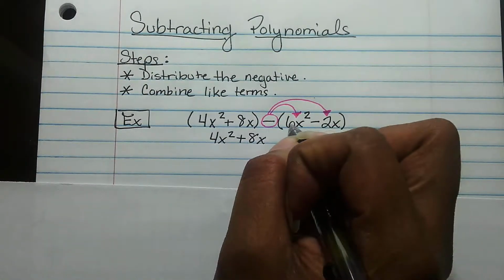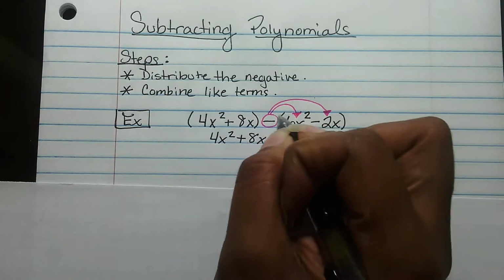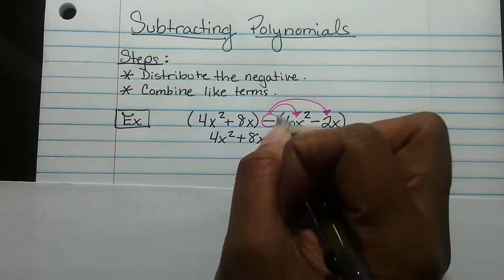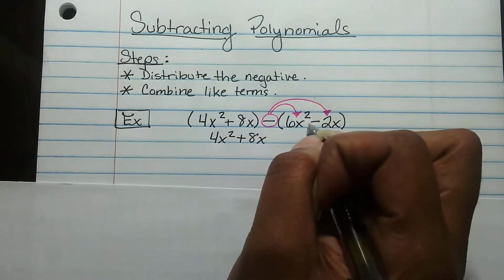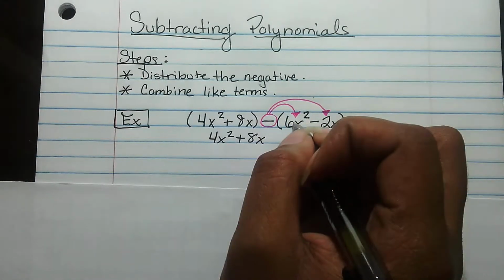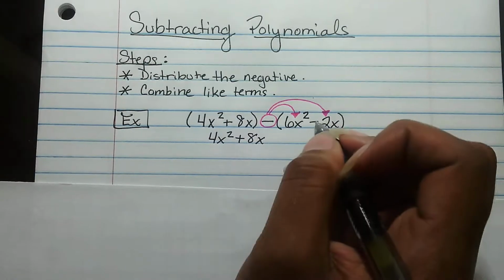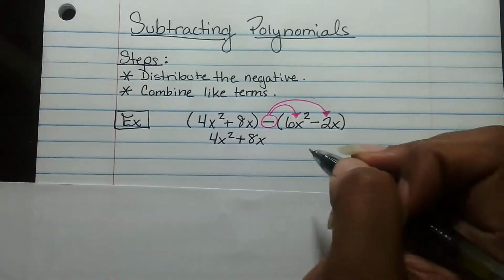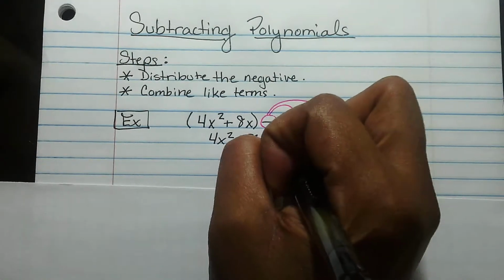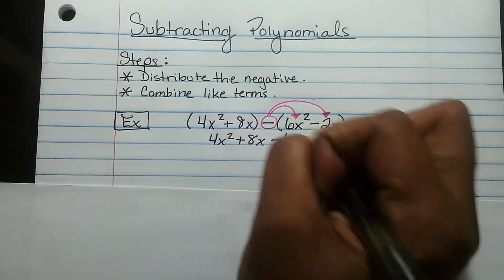So this is a negative 1. Remember, if you don't see a number out there, it's a 1, times a positive 6. Negative 1 times positive 6 is a negative 6. The x squared just stays with it. So minus 6x squared.